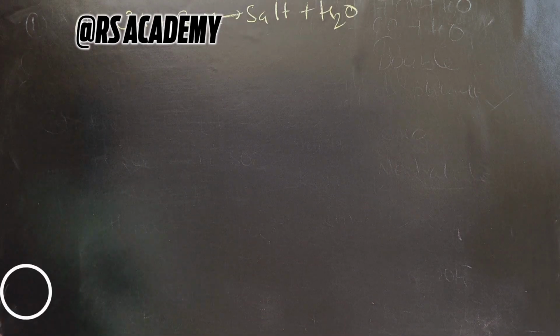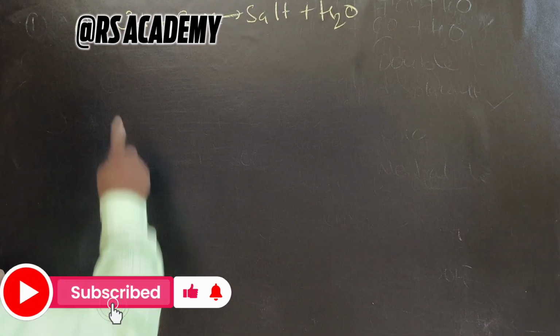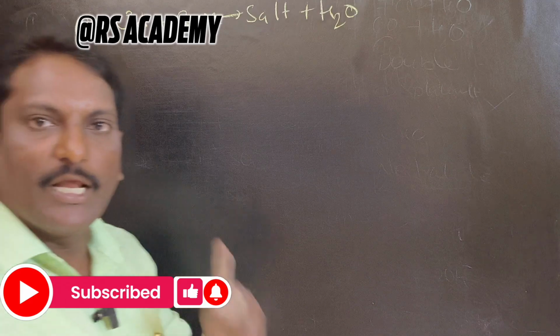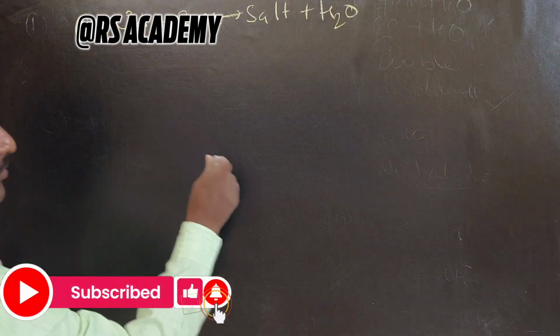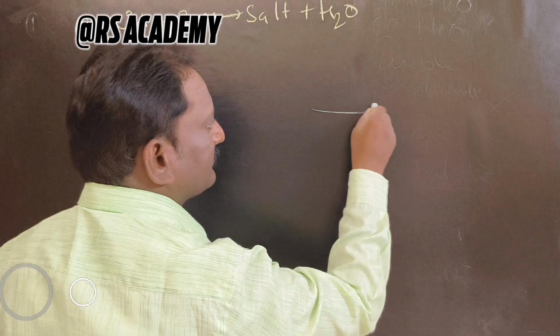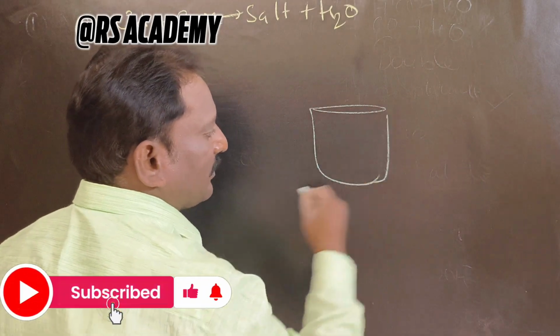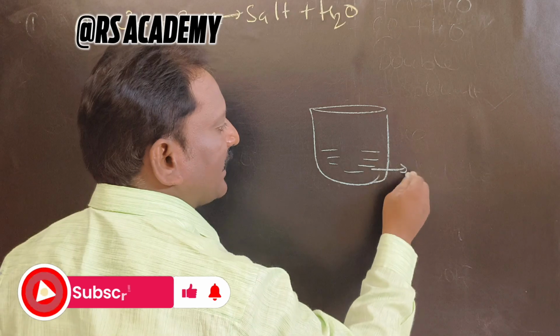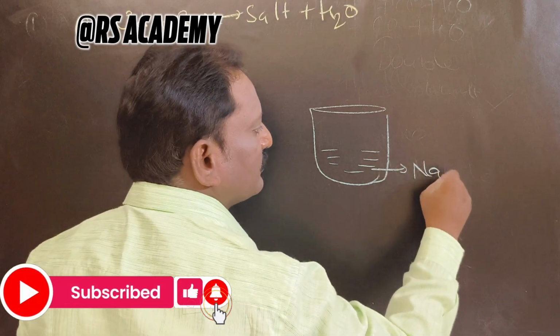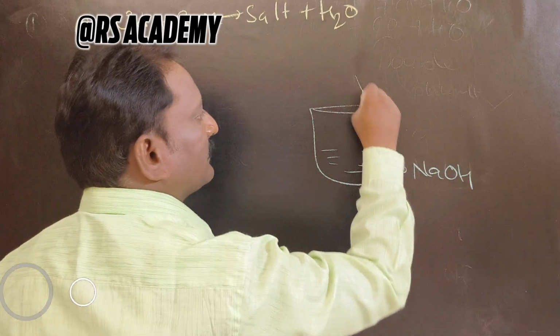So let us write the equation for the reaction between acid and base with the help of examples. What will happen when aqueous solution of sulfuric acid is added to aqueous solution of sodium hydroxide?